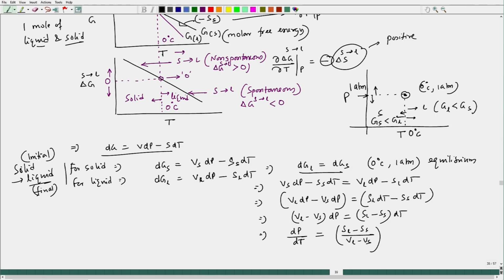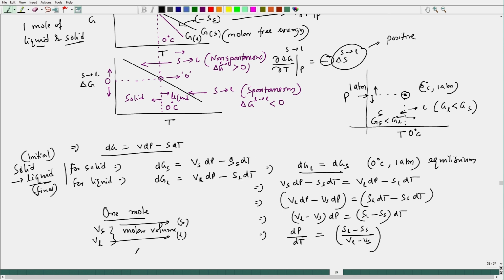Since we are taking 1 mole, this V S as well as V L are basically the molar volume of solid as well as liquid, fine.